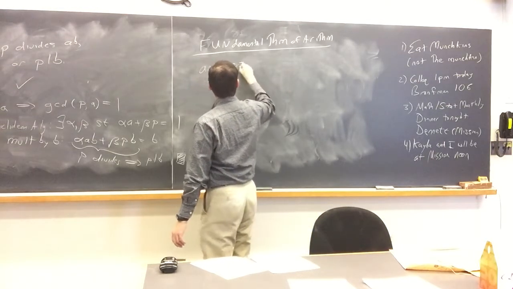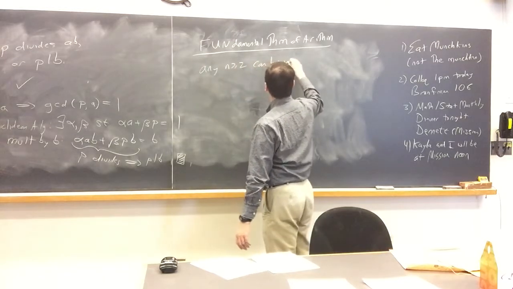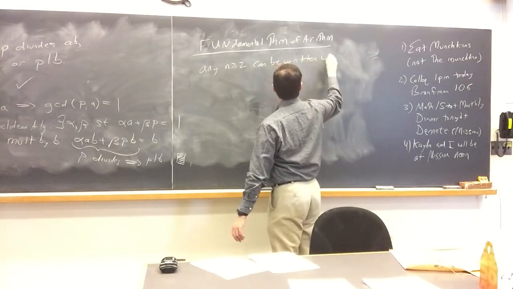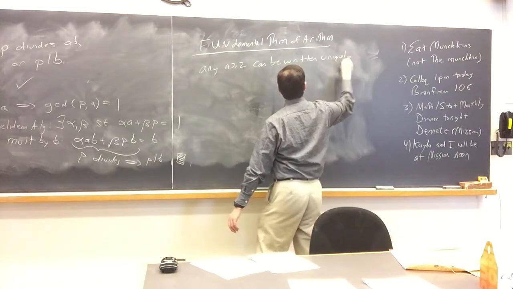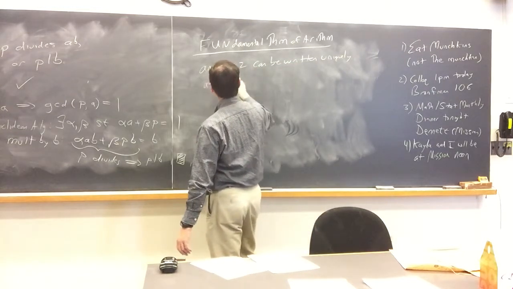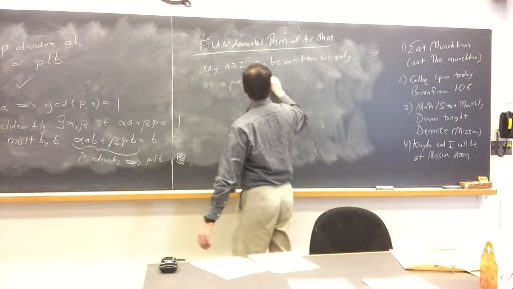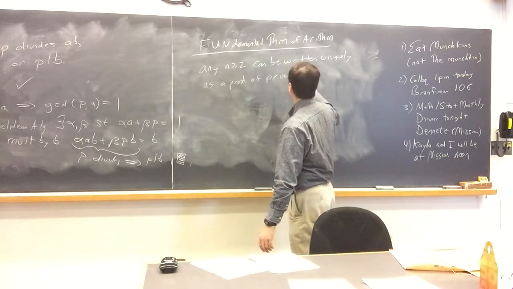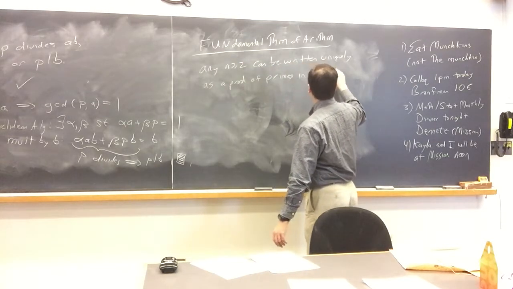So the claim is any n greater than or equal to 2 can be written uniquely as a product of primes in non-decreasing order.